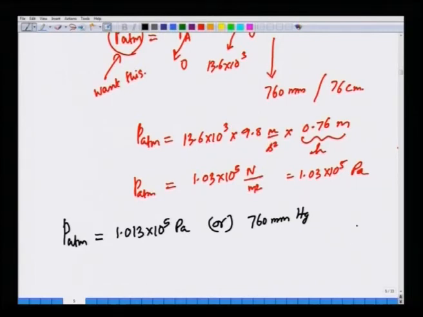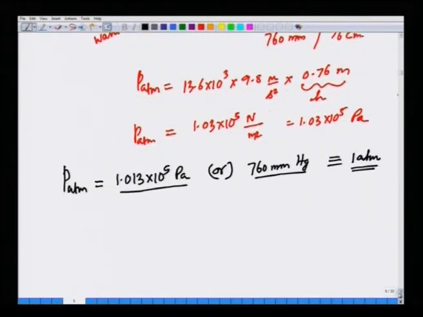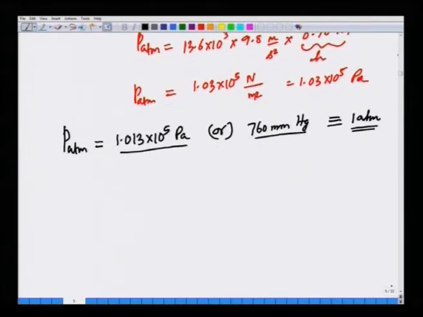It is also called 1 atmosphere, the normal pressure encountered in an atmosphere, of the order of 10 to the 5 pascals. So, 1 atmosphere is essentially 1.013 times 10 to the 5 pascals, or 760 mm of Hg. All these are used interchangeably while reporting values of pressure.